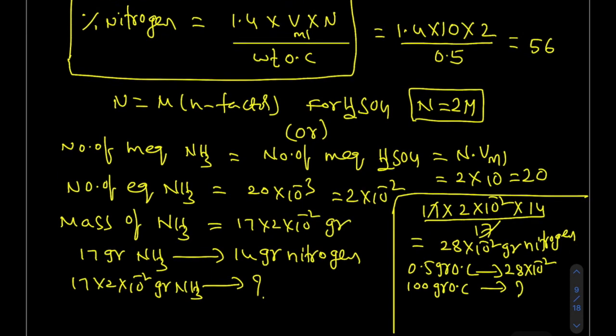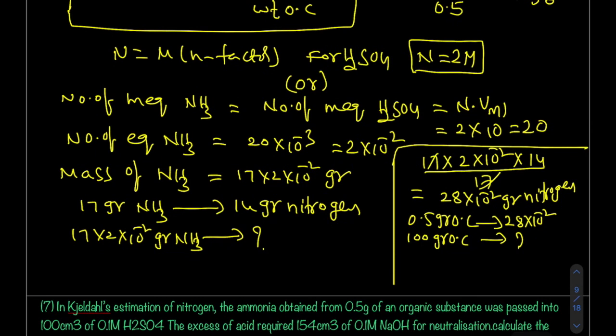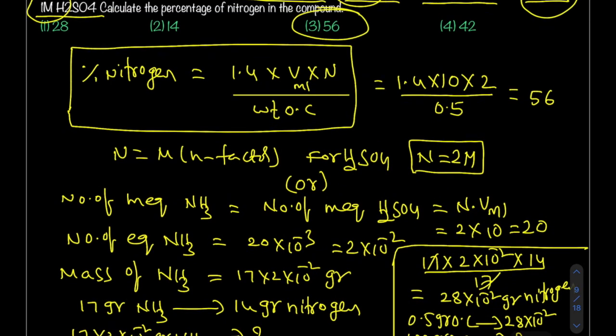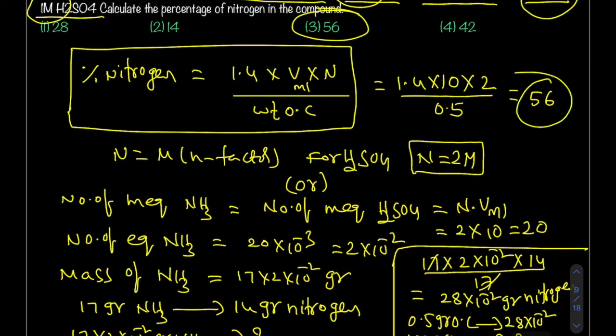Then 100 grams of the organic compound will contain how many grams of nitrogen? So unitary method: 28 into 10 raised to minus 2 into 100 divided by 0.5, which will be equal to 56%. So here also we got 56%, same as by directly applying the formula.